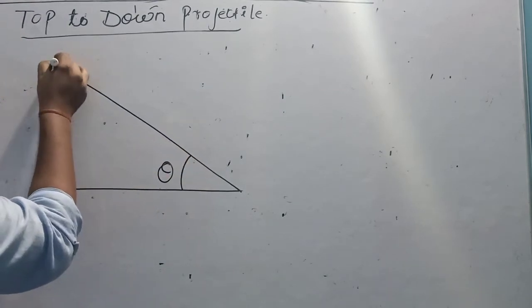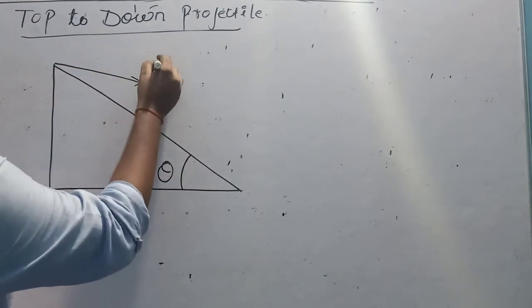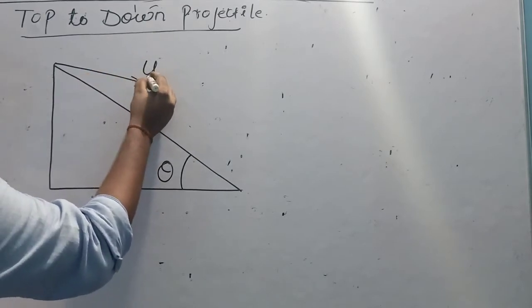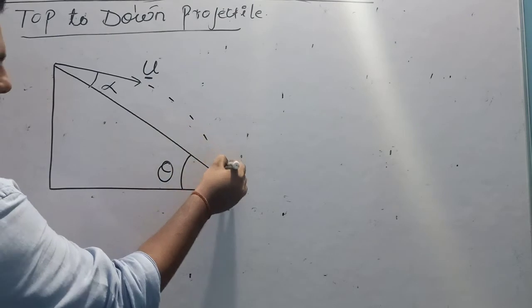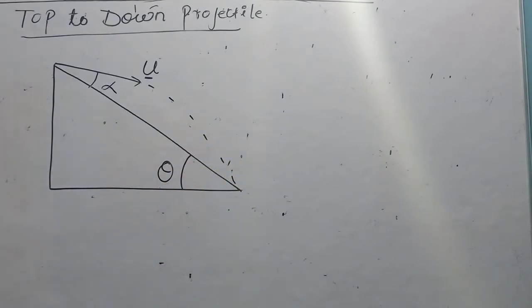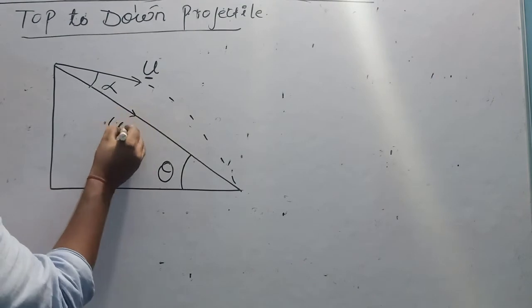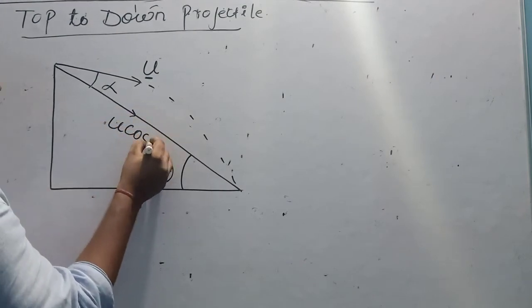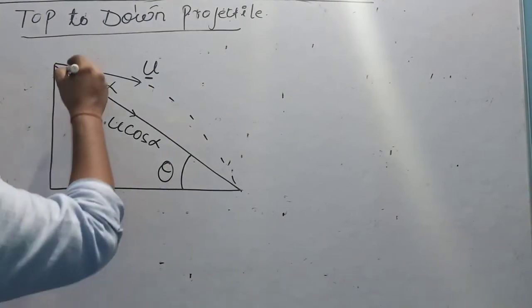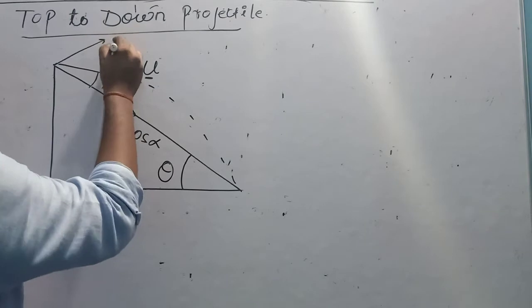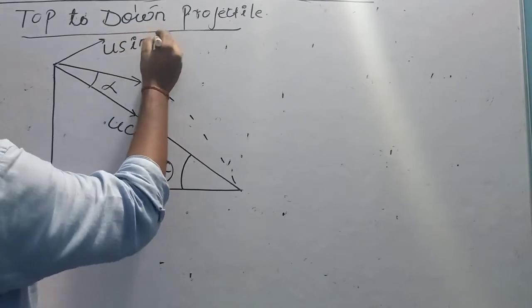An object is thrown with some velocity u making angle alpha, then this will fall like this. What are the components? U cos alpha, again y component will be u sin alpha.